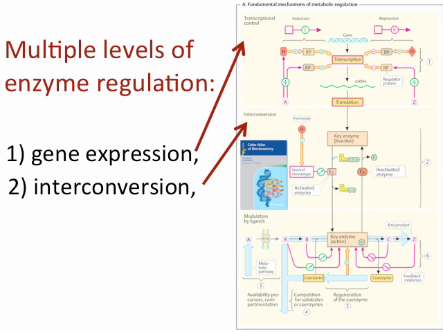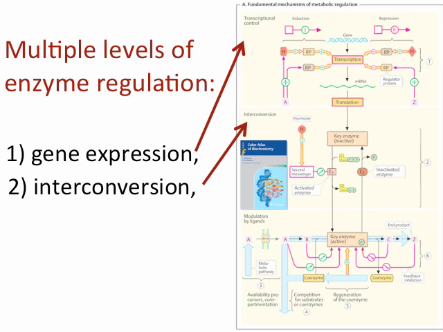Very often, enzymes as molecules exist in 2 different forms, active and inactive. In this slide, the inactive enzyme needs to be phosphorylated before it becomes active. Enzymes can be phosphorylated and dephosphorylated by protein kinases and protein phosphatases.